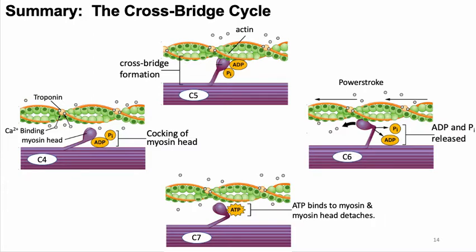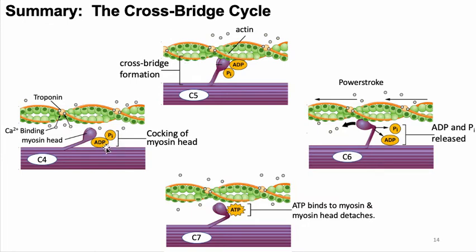So here's the same thing, but on a single page, right? We've got the release of calcium, which binds to the troponin, which moves the tropomyosin off of the dark green, at least shown here, the dark green binding sites on the actin.